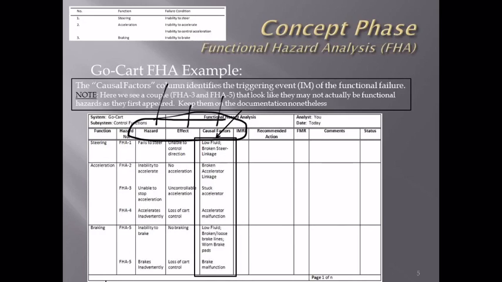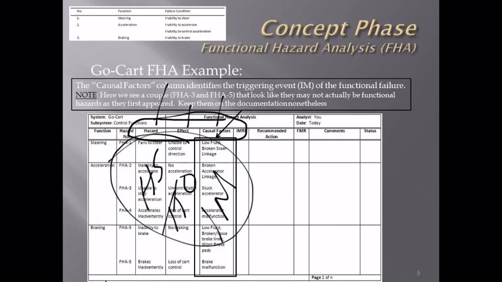Hazard equates to the hazard source, the HS component of the hazard. Effect equates to the TTO, the target threat outcome, and the causal factors equate to the initiating mechanism. So your three components of the hazard are all represented here in the functional hazard analysis worksheet. It's important to recognize that.